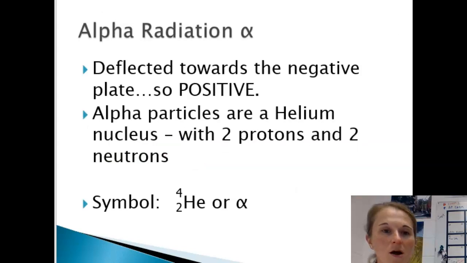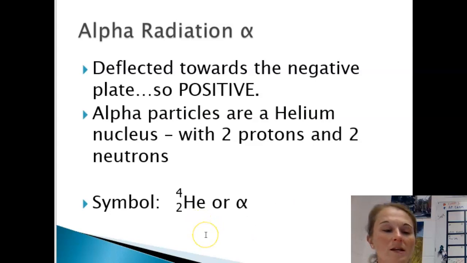Here's a little more about each of them. Alpha radiation deflects towards that negative plate, so it's positive. Alpha particles are basically a helium nucleus, which is two protons and two neutrons, released from another atom that was unstable.